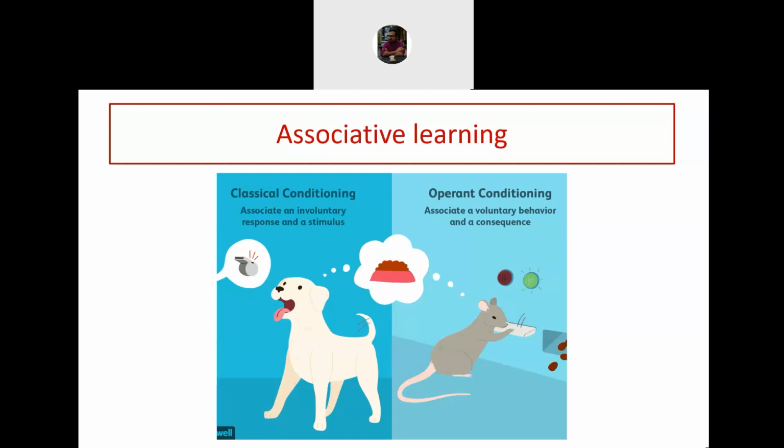The rat was playing around. Accidentally, when one day the lever was pressed, food came out. Then more and more accidents started happening, which led to an observation. And the rat started understanding that each time I press this button, a pleasurable stimulus comes out. And so the rat will repeat that again and again. This is known as operant conditioning.